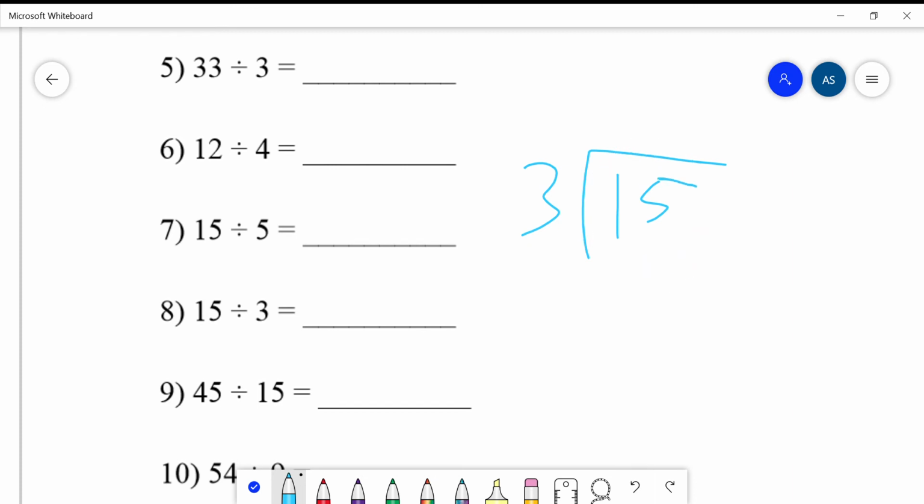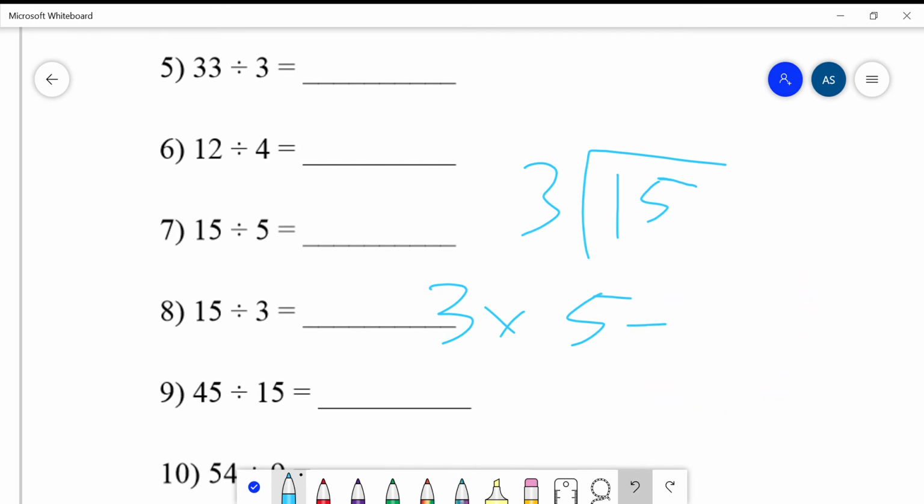And you could just keep multiplying. 3 times 1 is equal to 3. 3 times 2 is equal to 6. 3 times 3 is equal to 9. 3 times 4 is equal to 12. That's not it. So let's try 3 times 5. And 3 times 5 is 15. So we got our number.